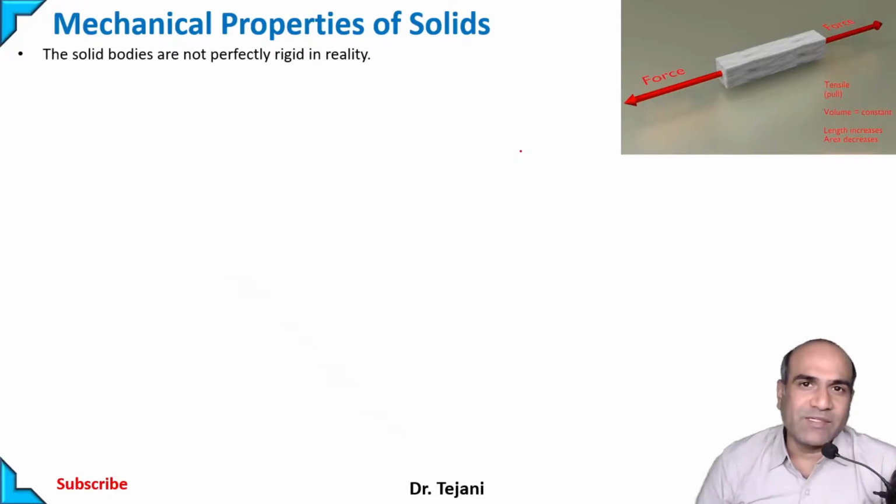We have assumed so many times previously a rigid body, but in reality, almost all bodies have some kind of deformation, some change in shape or length, and therefore they are not perfectly rigid. So we are going to study these properties and how they work. In the animation shown on the top side, the initial object was small, of this size and shape. When forces are applied on both sides, it expanded.